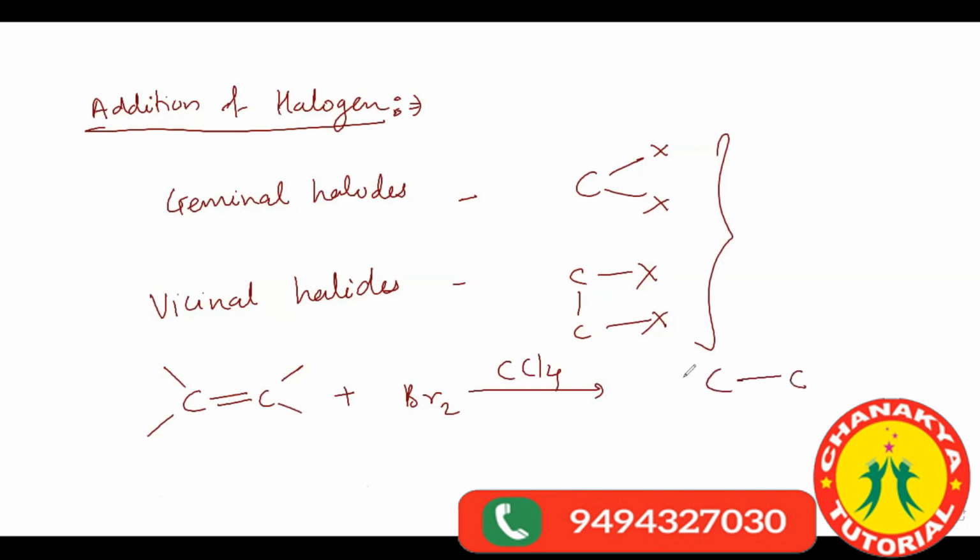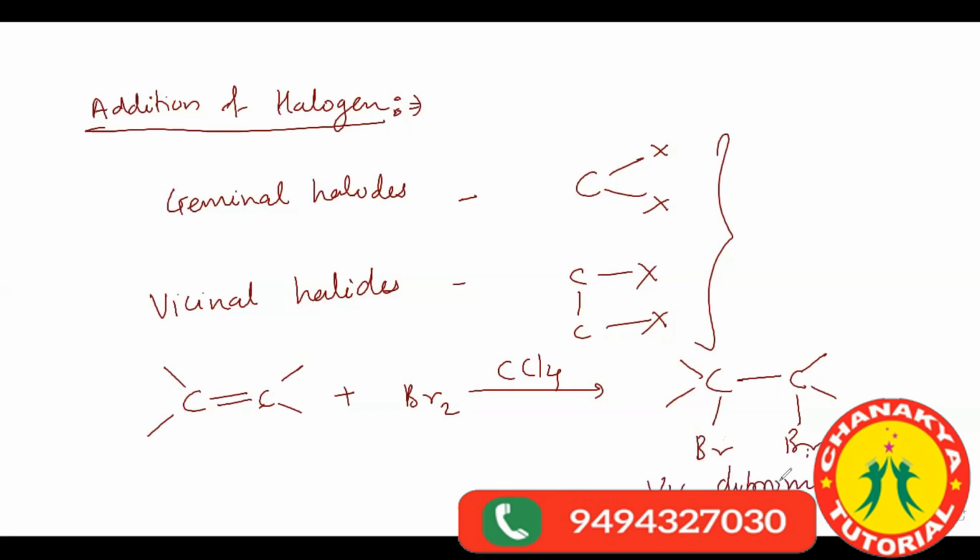The carbon-carbon double bond gets opened, and bromine is attached here. One bromine goes to one carbon, another bromine goes to the other carbon. So these are two halogen groups, so this is a dihalide. What you get is a vicinal dibromide.